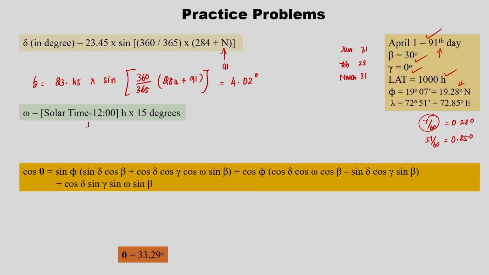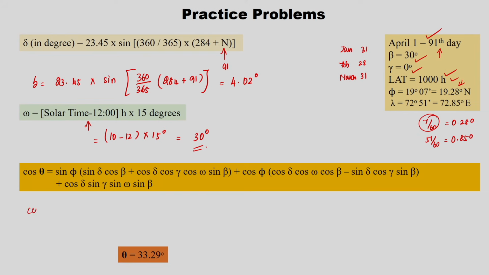Our omega angle is nothing but solar time minus 12 hour into 15 degree. Solar time here is given as 10 hours. So 10 minus 12 into 15 degree, right. In the morning we are supposed to calculate it as positive, so 30 degree.